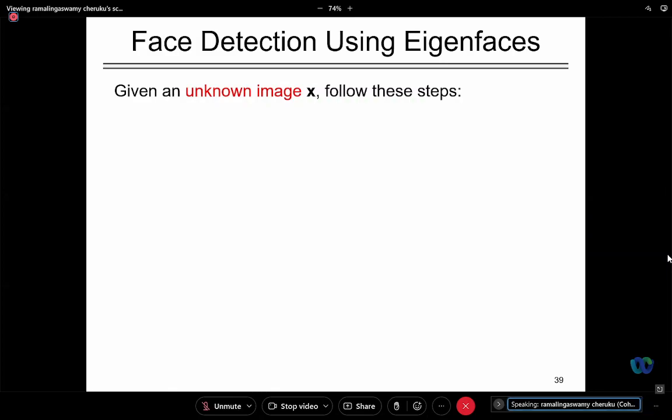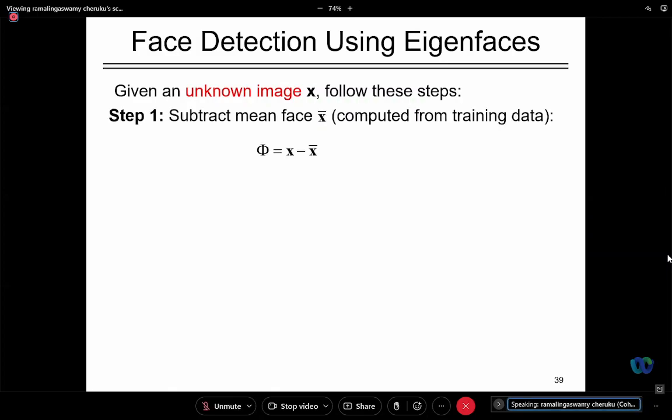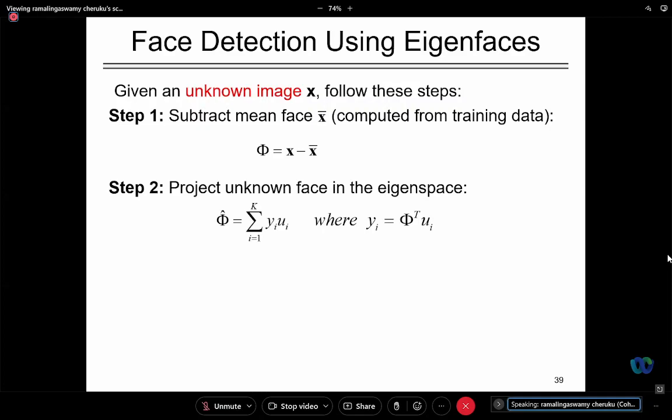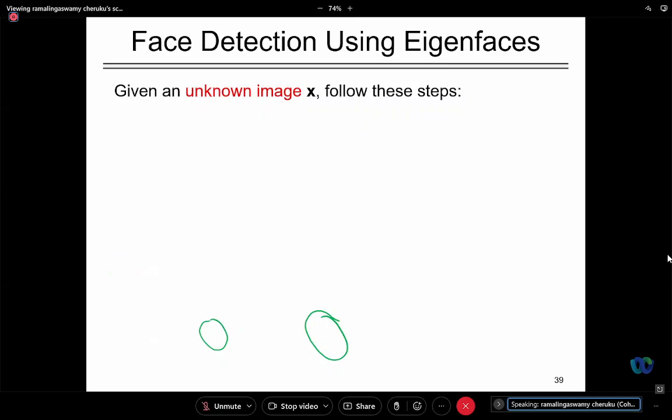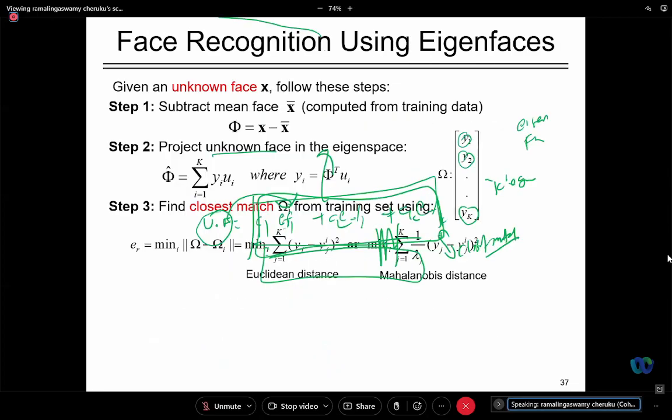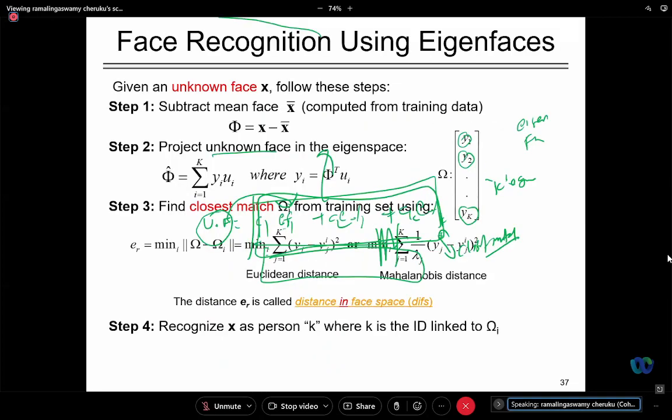Given an unknown image X, follow these steps: subtract the mean face X bar, project the unknown face into the eigenface space, and compute the distance. ED is called the distance from face space, and if this distance is below a certain threshold, then X is a face. But whose face it is, you have to do the same process, almost. Only step 4 will differ.